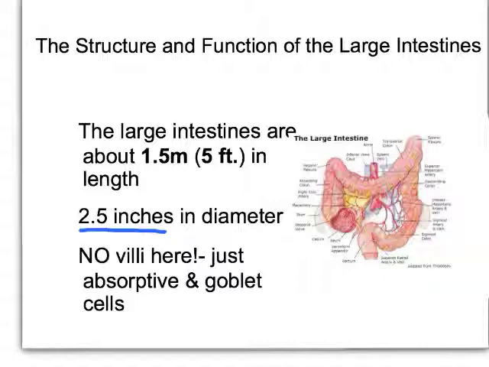So that's why we call it the large intestines. Now in the large intestines there's no villi for increased absorption. There is absorption that does take place in the large intestines, but is not to the scale of the small intestines. So we have absorptive cells and we have what are called goblet cells.